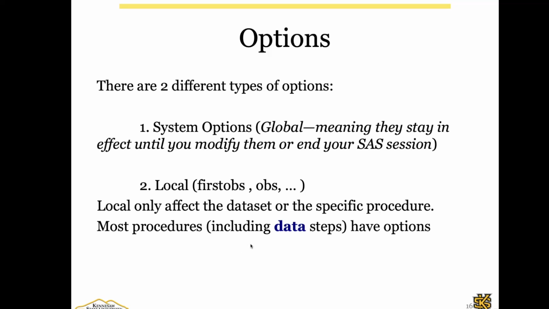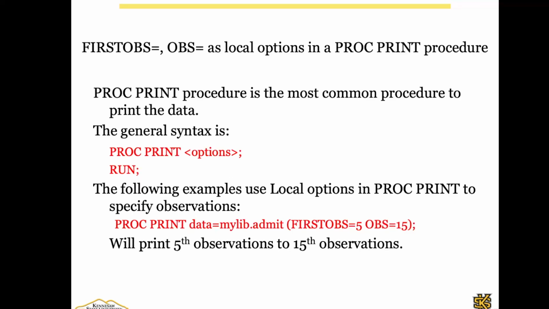Most procedures, including the data steps that we saw, have options. As I mentioned, FIRSTOBS and OBS are considered local options in the proc print procedure. The general syntax always starts with proc print, some dataset, and then run.